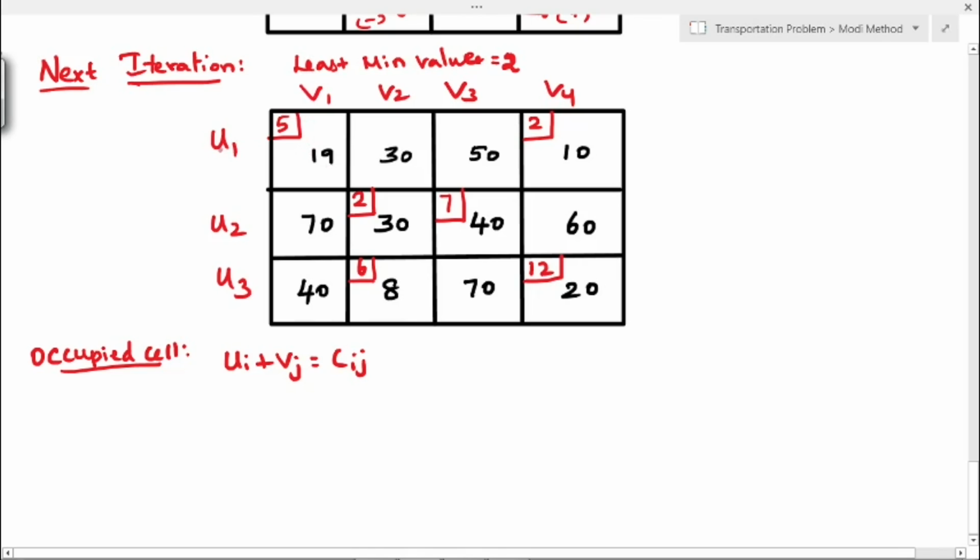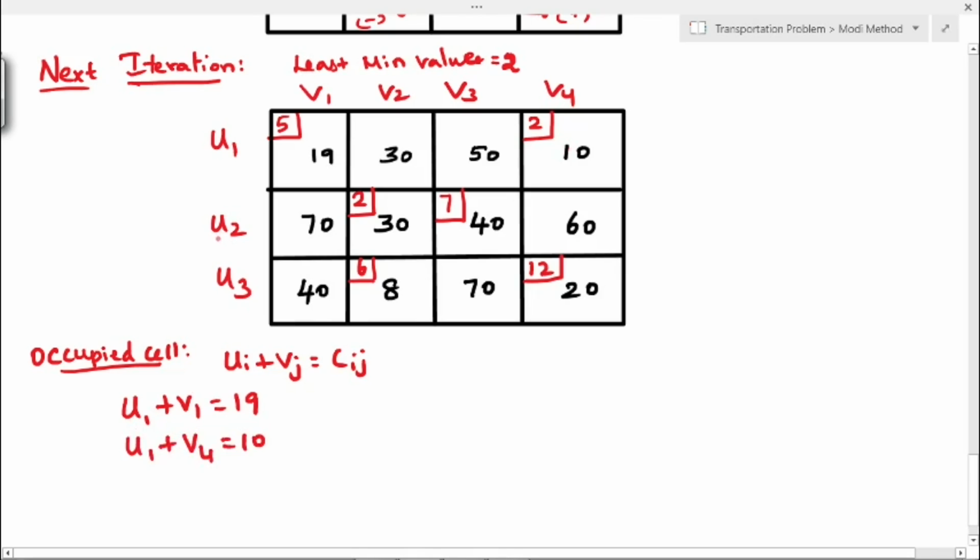So U1 plus V1 equal to this value, that is 19. Next occupied is this one, so U1 plus V4 equal to the cost value, that is 10.